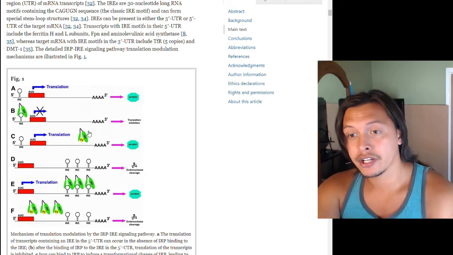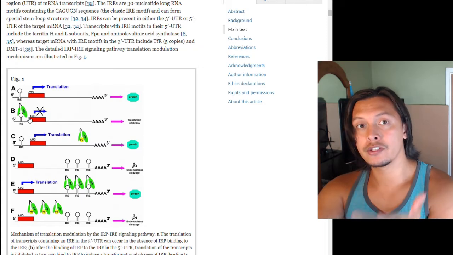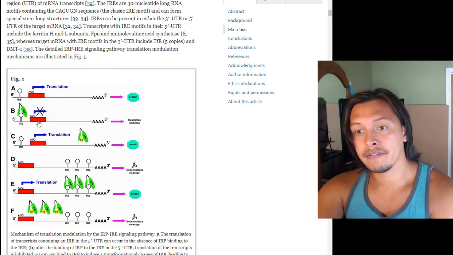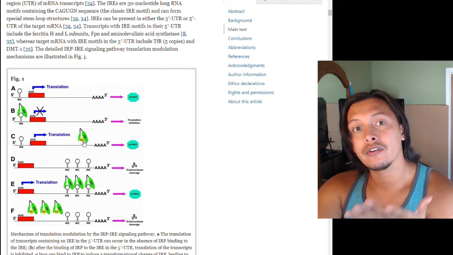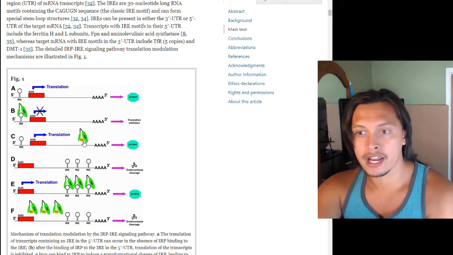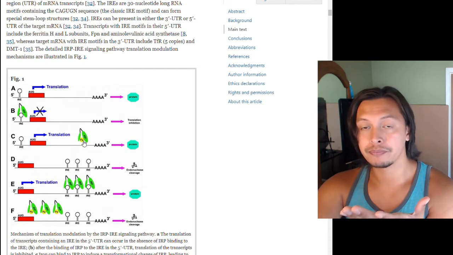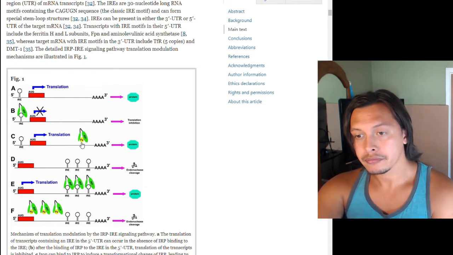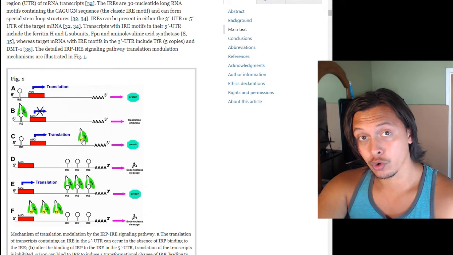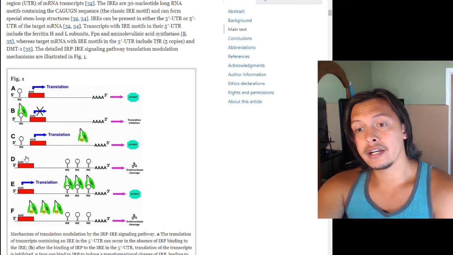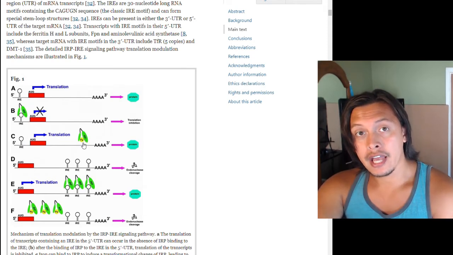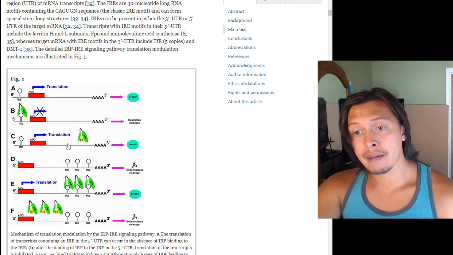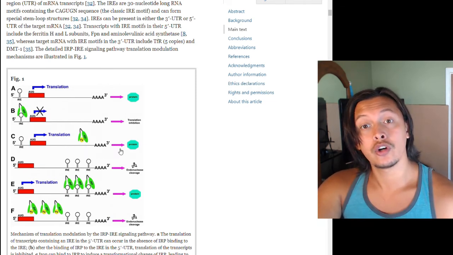So in this particular case, let's run through this. Let's say this is the ferritin gene. You then have a lot of iron. You ate a hamburger and you have a lot of iron in your cells right now. This iron will bind to the iron regulatory proteins, which then kick them off of the mRNA. And then this mRNA is going to encode for ferritin.